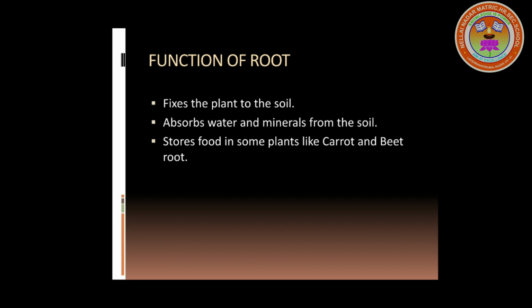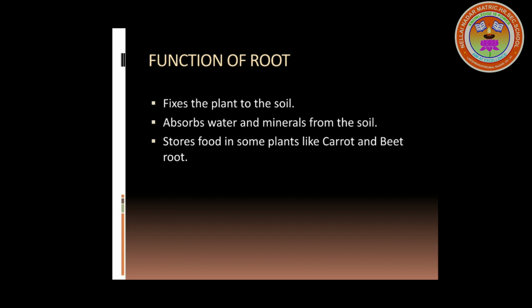What do you mean by anchorage? It is nothing but fixing a plant to the soil. A plant gets fixed to the soil, only then will it get the support. The support is given by the root. So it helps in anchorage, that is nothing but fixation.